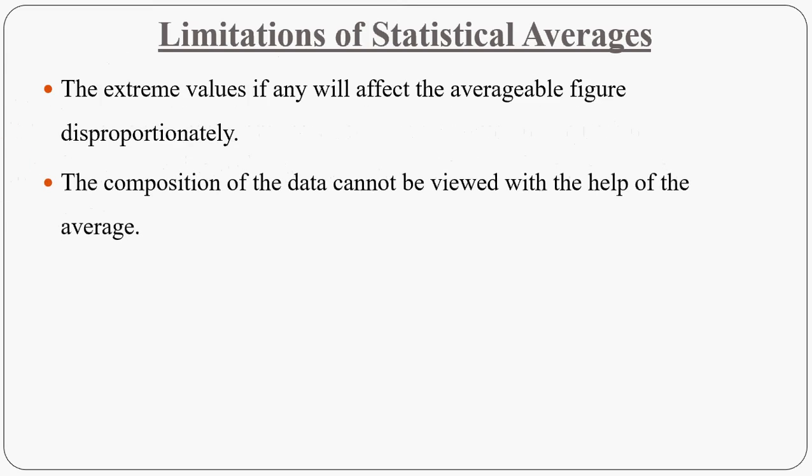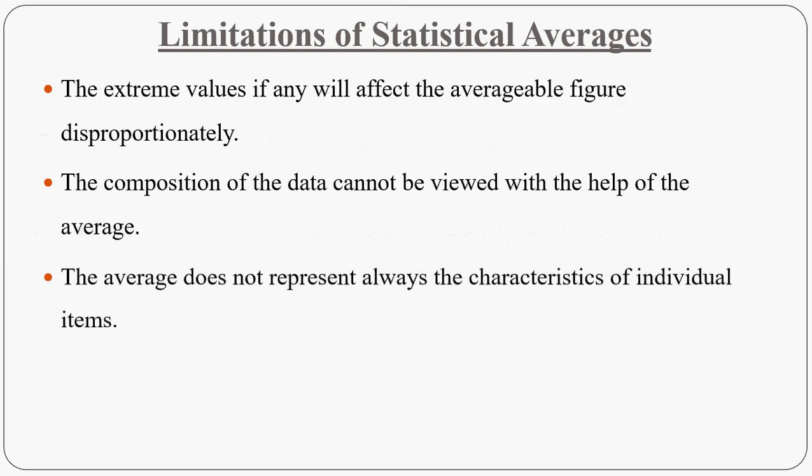The second point: the composition of data cannot be viewed with the help of the average. What are the other details that cannot be known with only the average? So this is the second limitation.